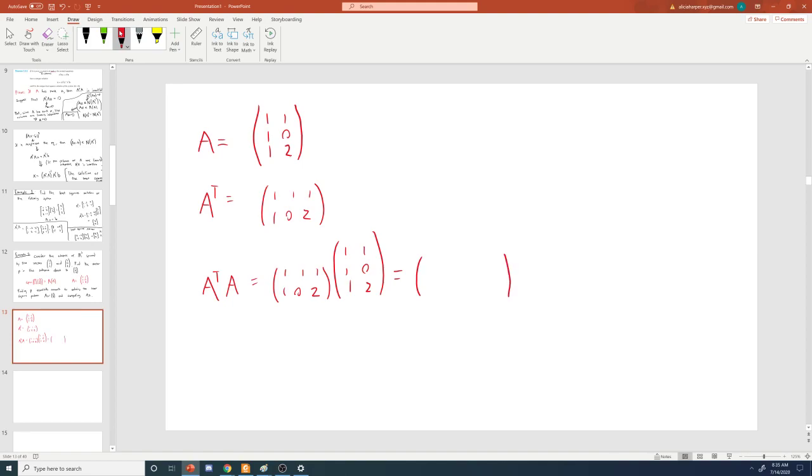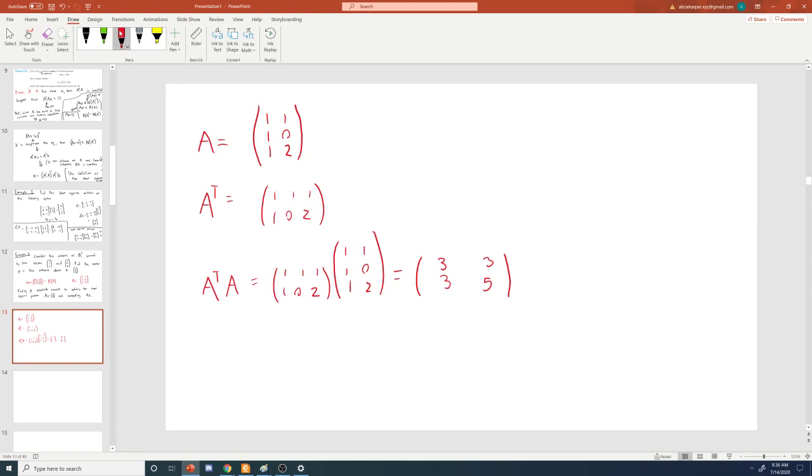We're going to get a 3 here, a 3 here, a 3 here, and then finally a 5 here.